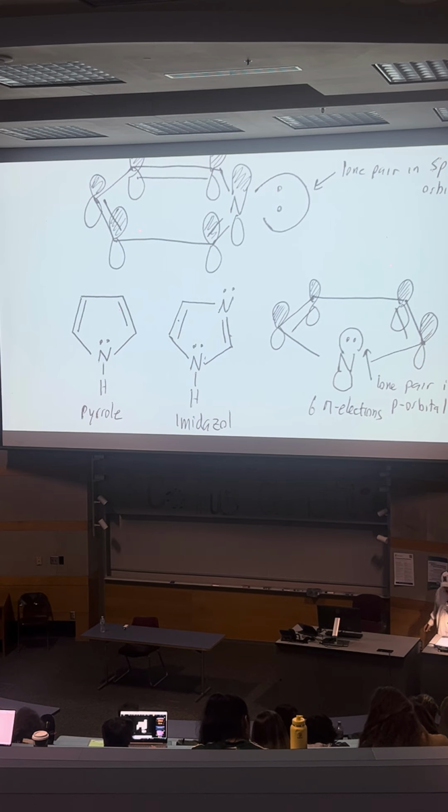And I write that the lone pair, like we discussed, is situated in the p orbital, so you do count that. So 2, 4, 6.